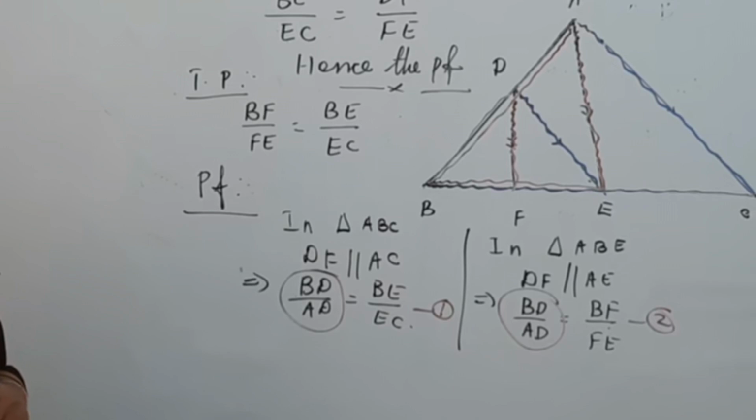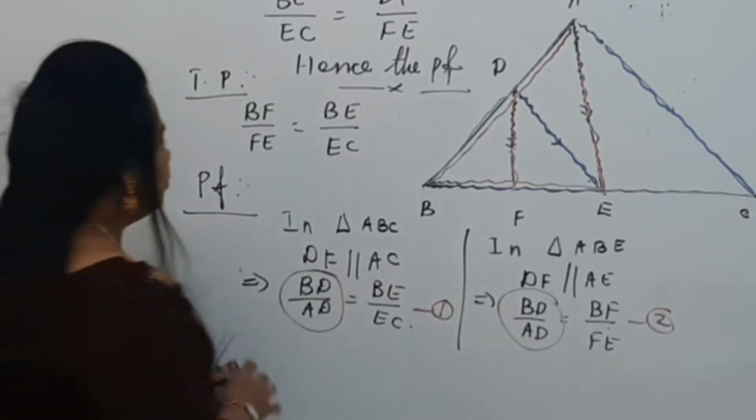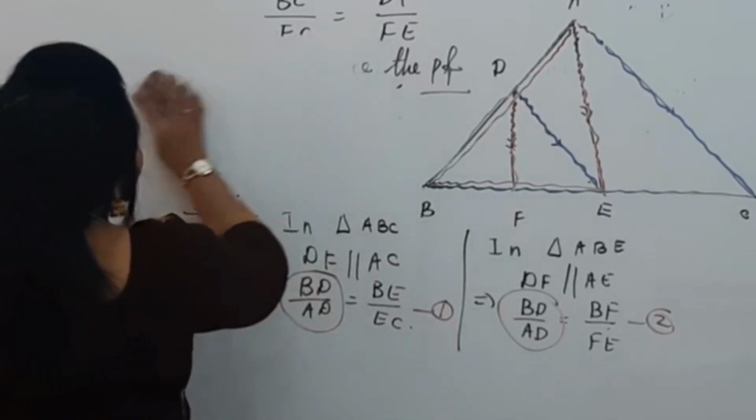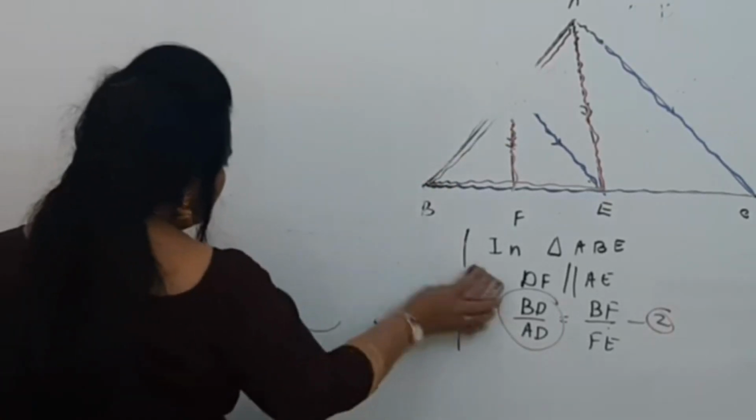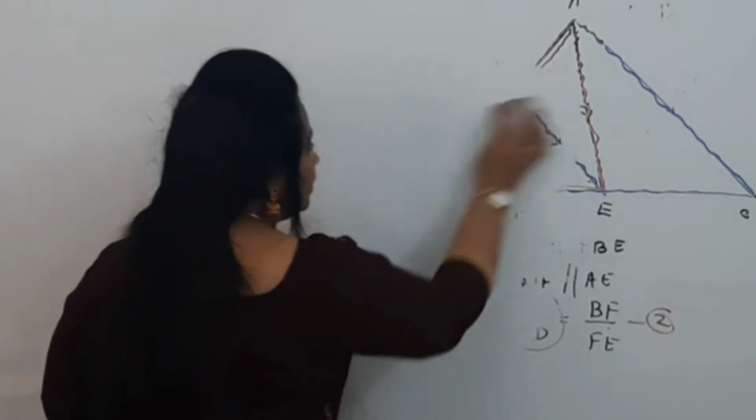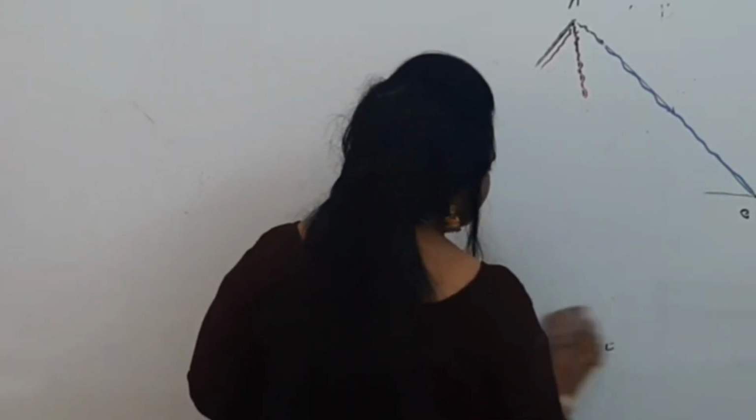The next question is given like this in the figure. You can draw the figure. Children, those of you who are taking notes, you can draw the figure with me and write the proof by yourself. If you have a doubt, you can check it on the board and listen to the explanation.